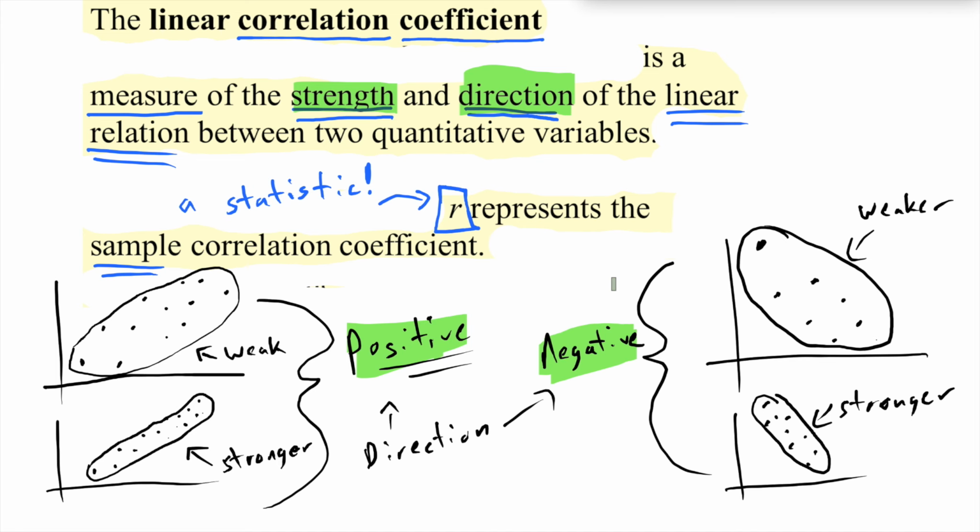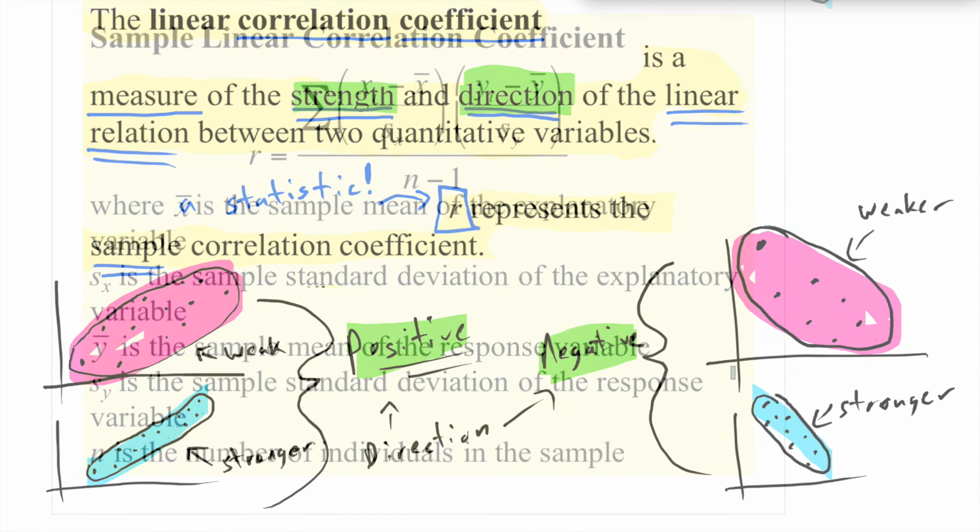And then the strength is talking about whether they're in a more loose cluster. These are both weaker relationships, or whether they're in tighter clusters. And these ones are these stronger relationships.